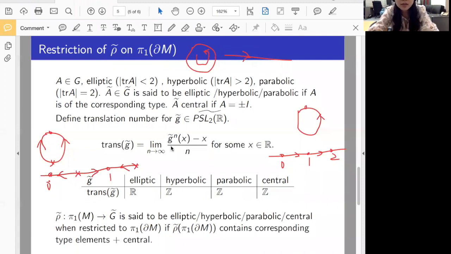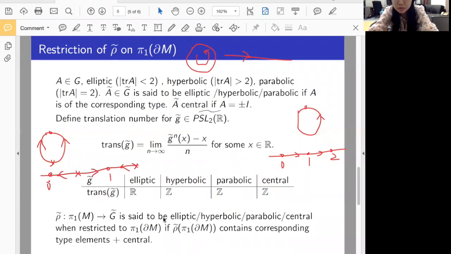Now we can look at the restriction of rho tilde to the boundary of M. Let's look at the image of the fundamental group of the boundary under rho tilde. This is an abelian group, because it's the image of an abelian group, the direct sum Z. Okay.